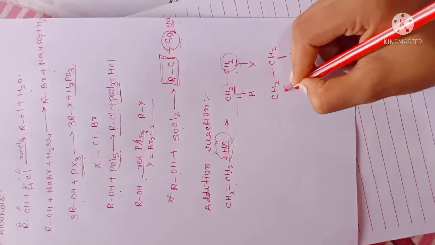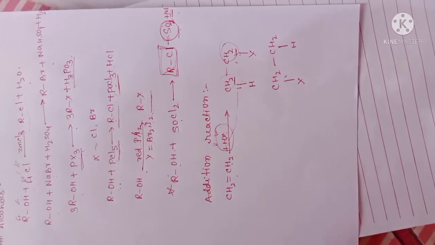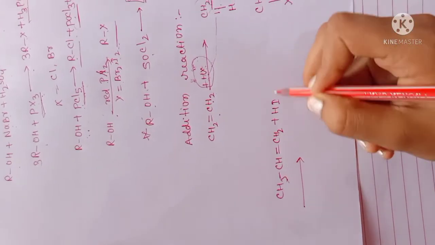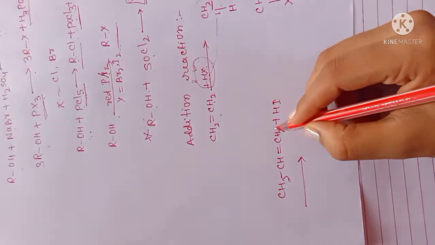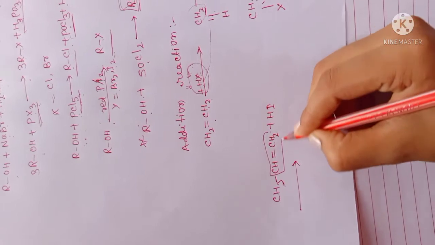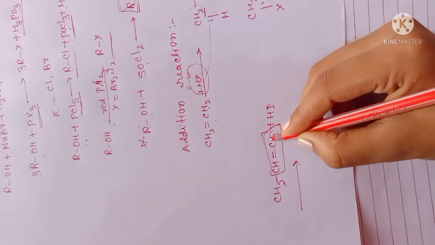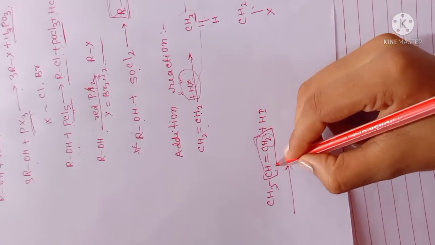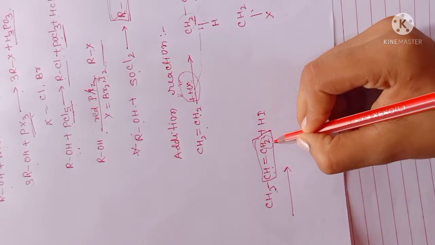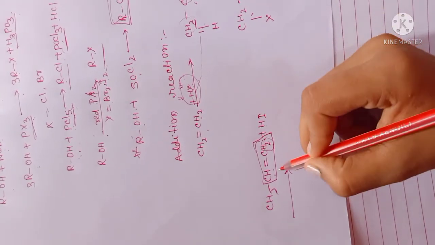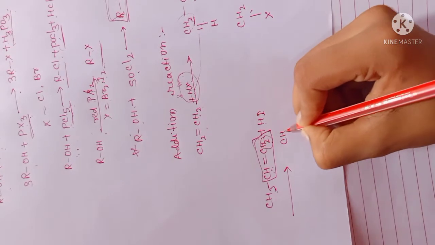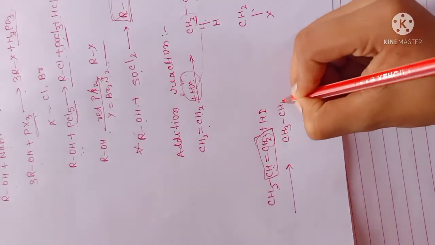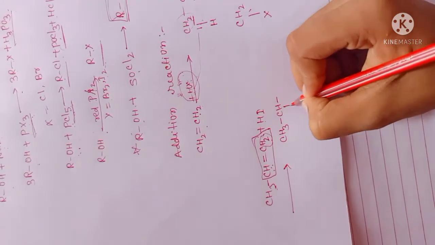But if your reaction is like this, here is your double bond and this carbon has more H than this one, so your H atom will go there and your I atom will go there, and you will get I here and CH3 here.